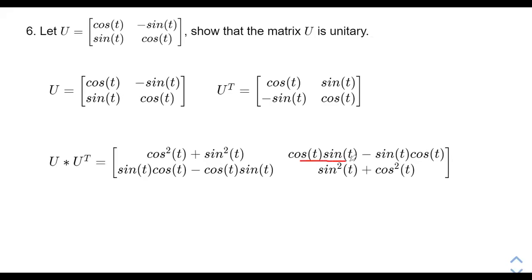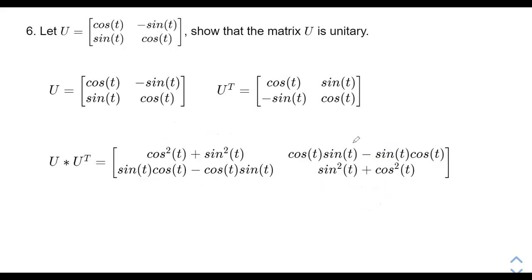We have cos t sin t term here, we have sin t cos t term here, and therefore they become 0. Similarly, we have sin t cos t term here and cos t sin t term here. Subtract these two, it becomes 0. This term, you must have recalled, is cos square theta plus sin square theta, which is 1, and this term is also going to be 1.